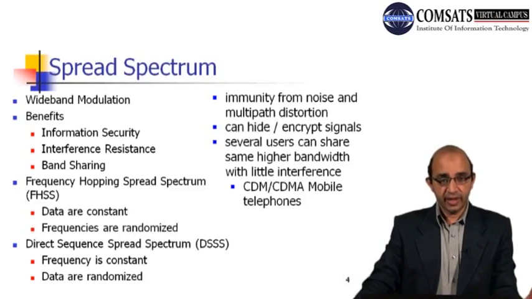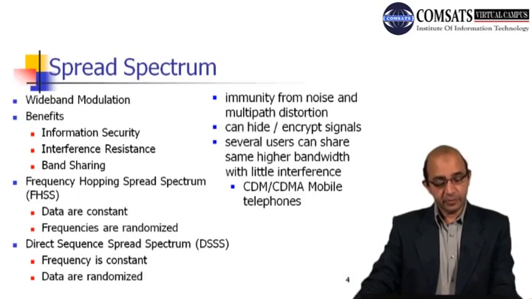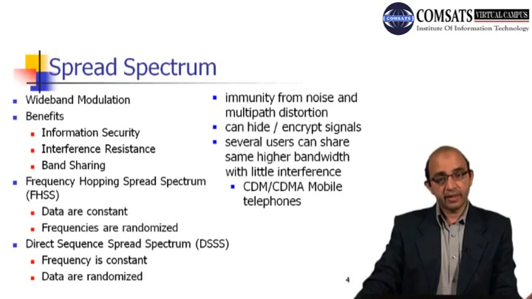The feature of frequency hopping spread spectrum is that the data is constant and the frequencies are randomized, right? Whenever we talk about the other category of spread spectrum, the frequency is constant and the data is randomized, right? So you can feel the difference, and it's more immune to noise. And we have multipath fading when we talk about normal conventional communication. So it is also very immune to multipath fading and distortion.